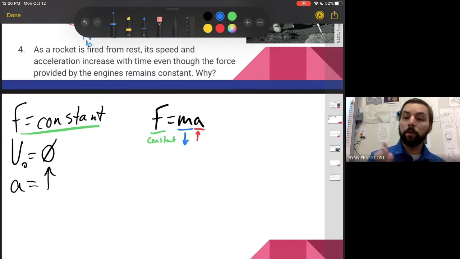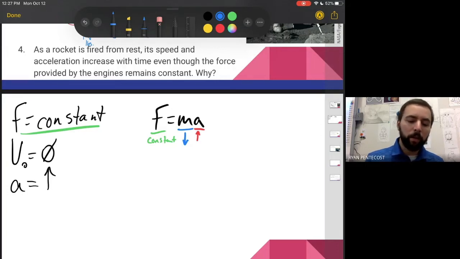So you have a constant force, and the acceleration may continue to increase as the mass starts to decrease. And that increase of acceleration will be proportional to the decrease of mass. So we can look at the F equals ma relationship in that way.